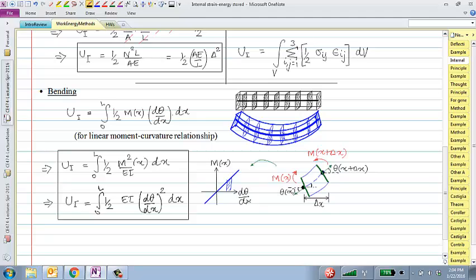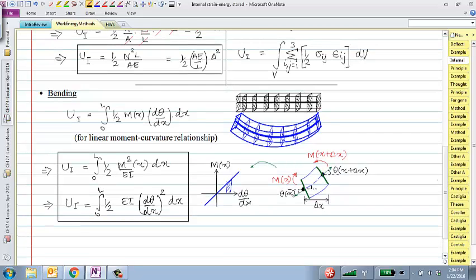Or if you tell me the curvature diagram, d theta over dx diagram, then I can again tell you immediately what the energy stored in this beam would be. So all these three expressions are basically equal, and some of them are more convenient to use in some situations and others. That's why we are deriving all these three expressions.